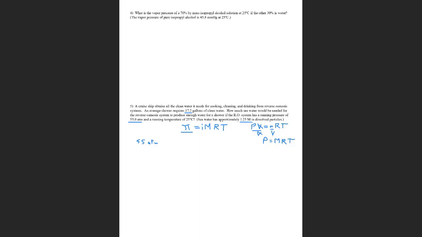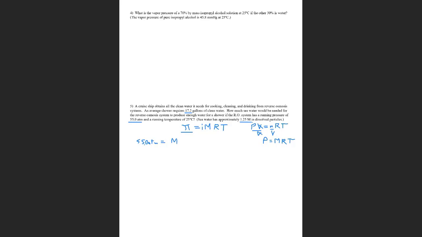So what we're going to do is take our 55.0 atm and have a molarity. Oh, sorry, we actually are looking for the molarity.